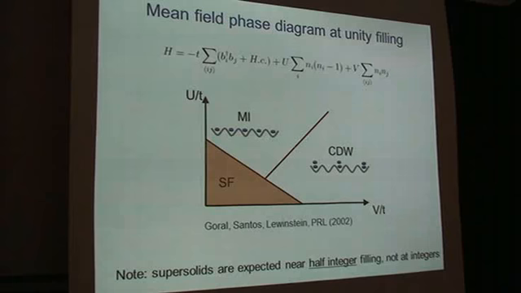Yes. But if V is large, why do you have the parameter V over T, not V over U? Because that's the parameter I like. It doesn't matter. No, but that would make sense if you have V over U, right? Because you have one side repulsion. That's how I drew it. Later, U will count, because here I want to show you the global phase diagram, including superfluid and everything.